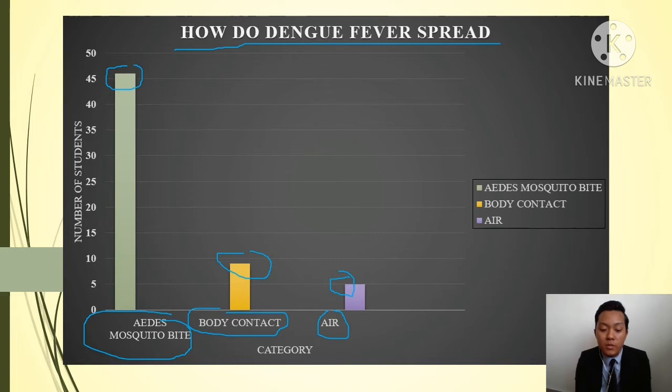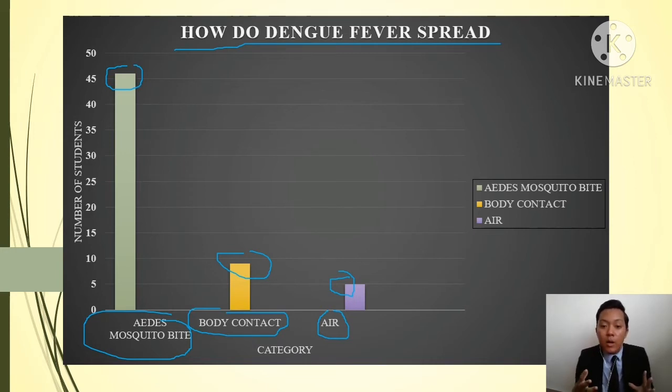From the comparison between Aedes mosquito and body contact, the number of students who voted for Aedes mosquito bite was a great deal higher than those who voted for body contact. It can be clearly seen that 46 students chose Aedes mosquito and only 9 students chose body contact.